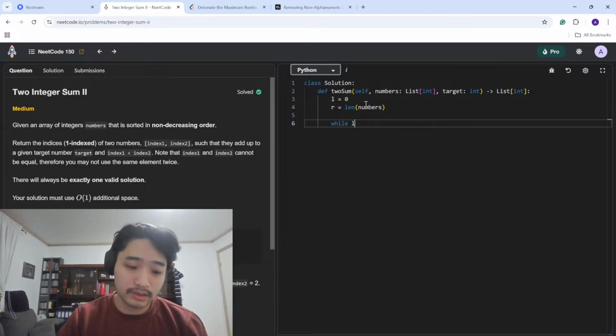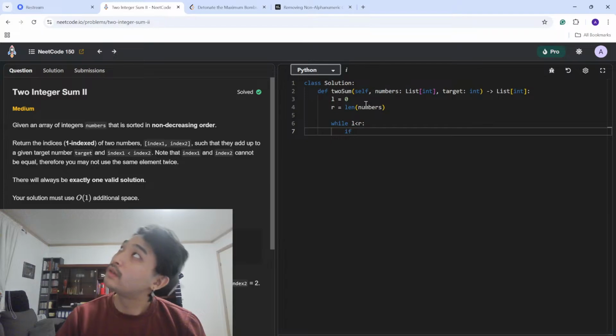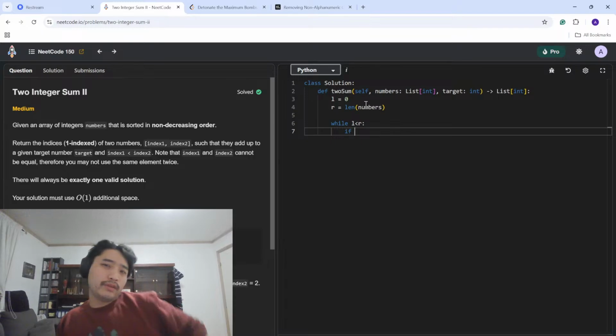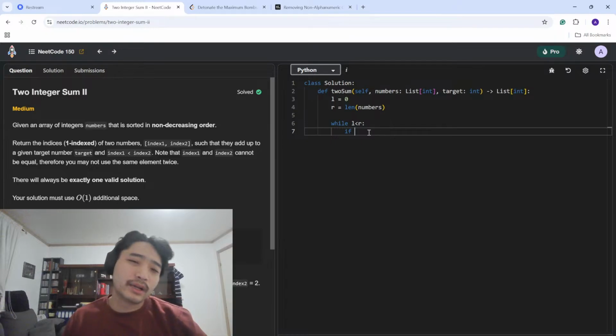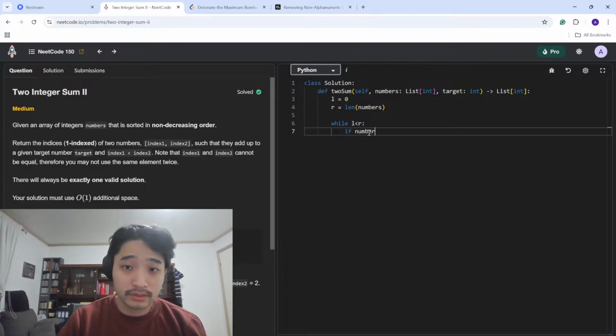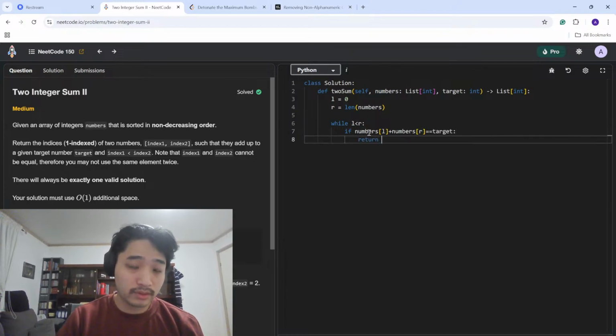So while L is less than R, if numbers of L plus numbers of R equals target, we would return L plus 1 and R plus 1.